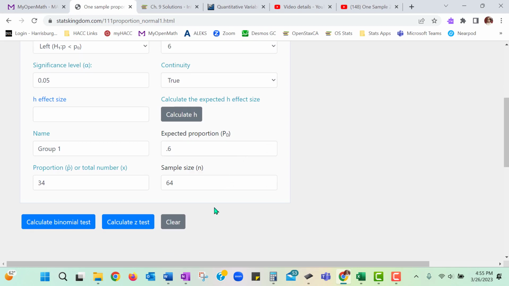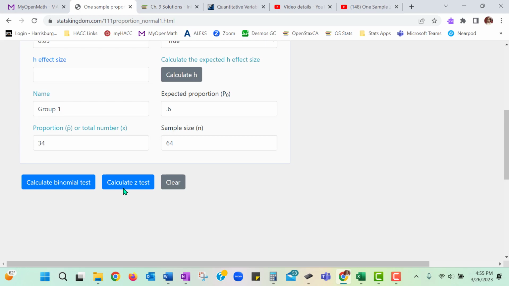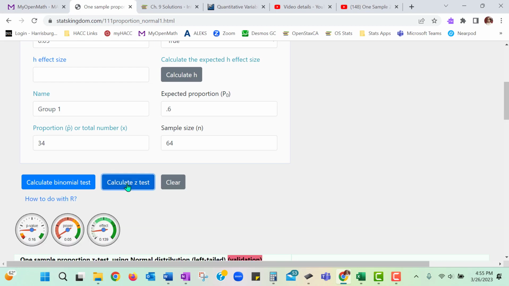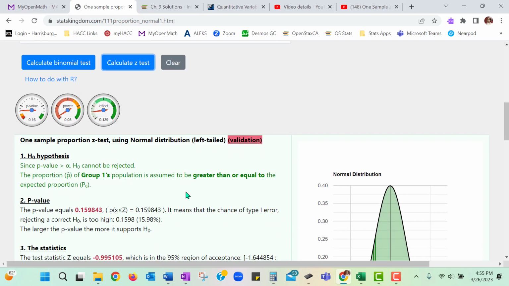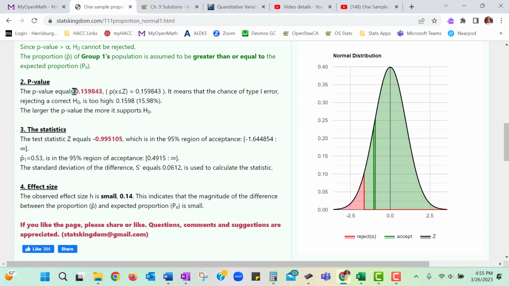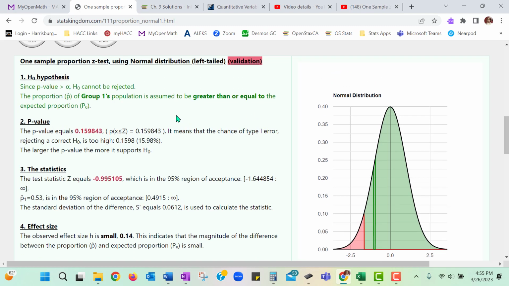If we put in everything we were given and then calculate the z-test, because our book is expecting us to use a normal approximation, and then scroll down, it comes up with the same conclusion, but the p-value is a little different. This is 0.15, and so on, so about 0.16. We got about 0.13. That can be different enough to cause some problems with our homework.